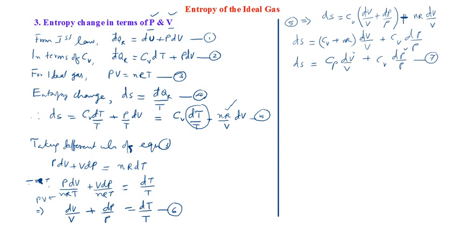So integrating on both sides within the proper limits, I'm just writing straightforward, you know where we will be ending. Integrating over proper limits, what will we be getting?